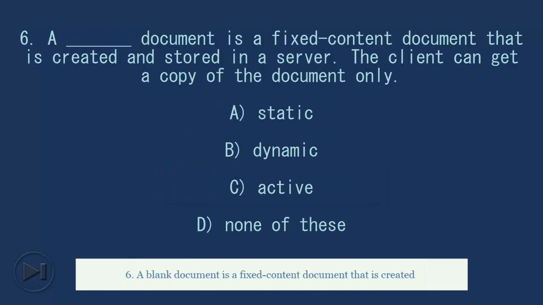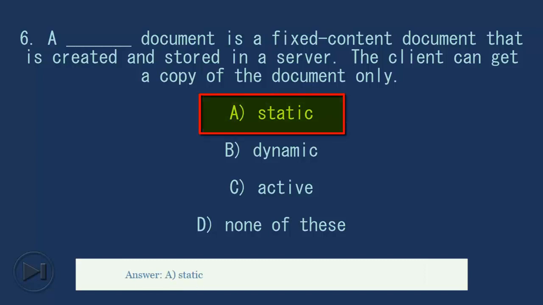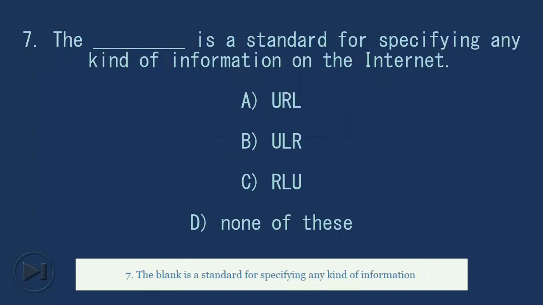6. A blank document is a fixed content document that is created and stored in a server. The client can get a copy of the document only. A. Static. B. Dynamic. C. Active. D. None of these. Answer, A. Static. 7.